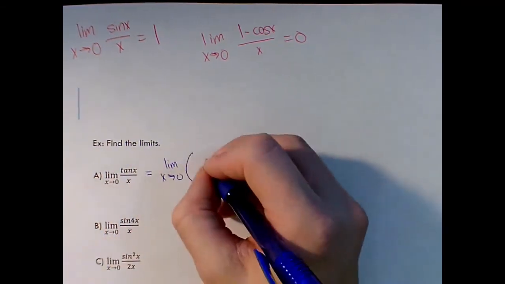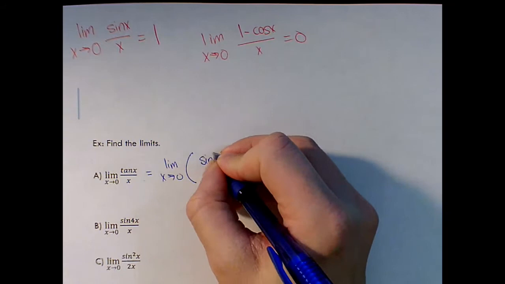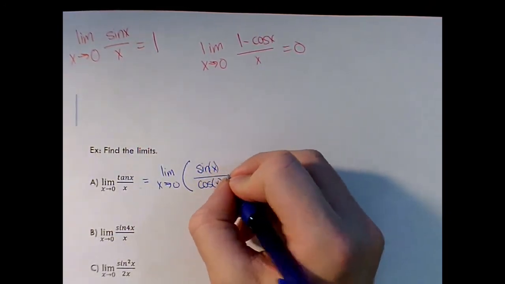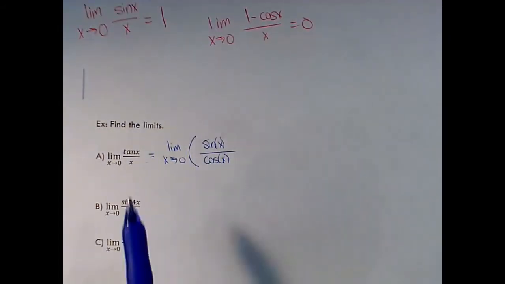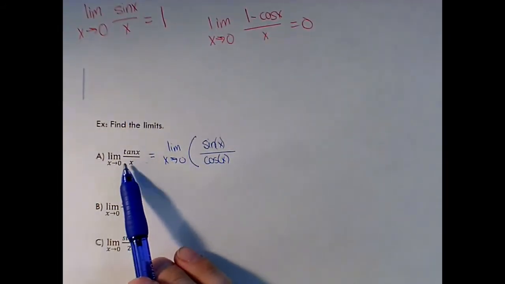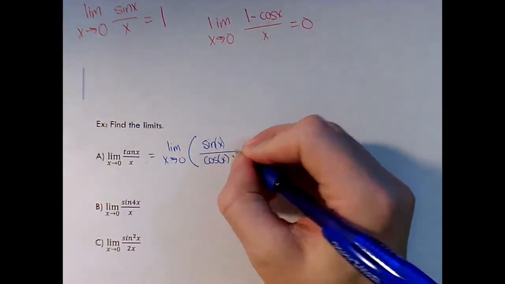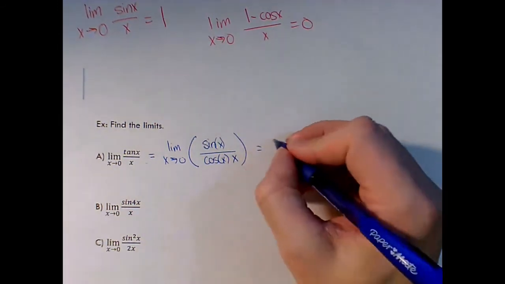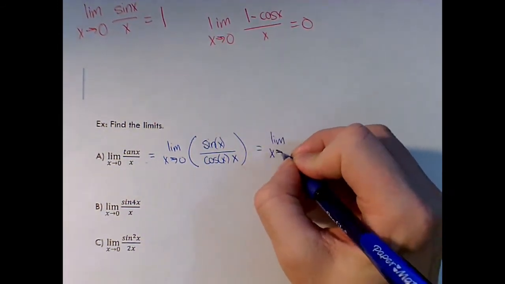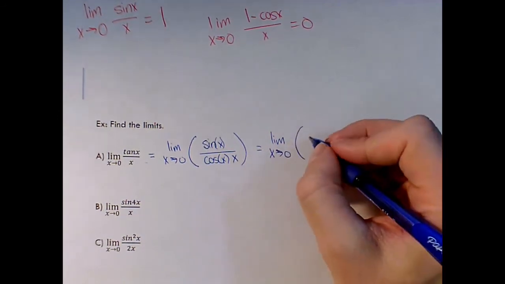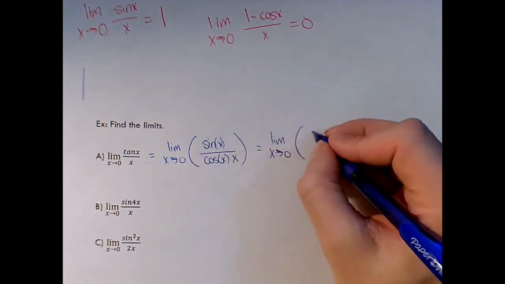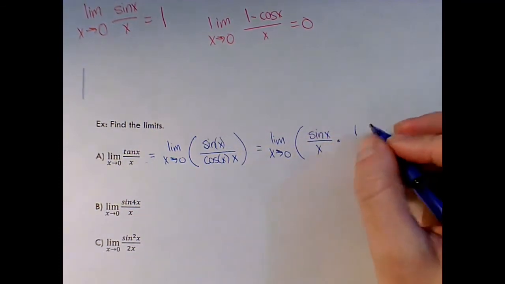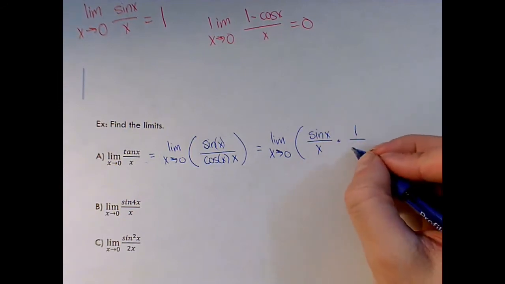So tan x is sine x over cosine x. What I can't forget is that x is still living in the denominator, so I'm going to leave it there. To break this down more clearly, I created two new fractions. One fraction is sine x over x times 1 over cos x.